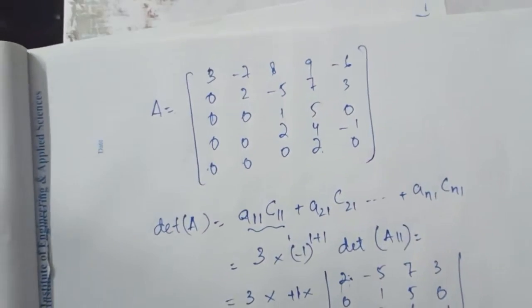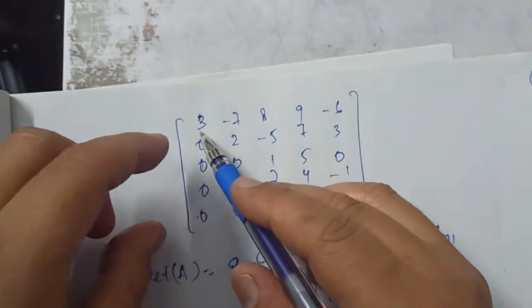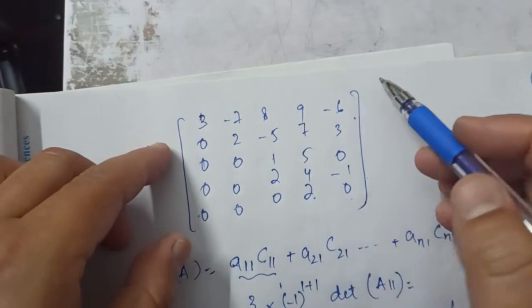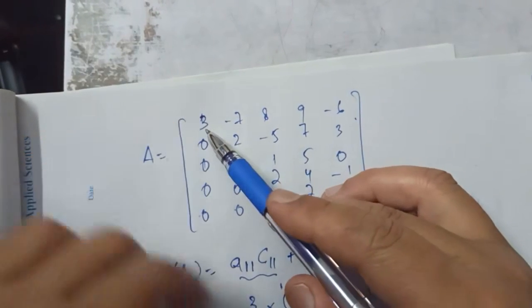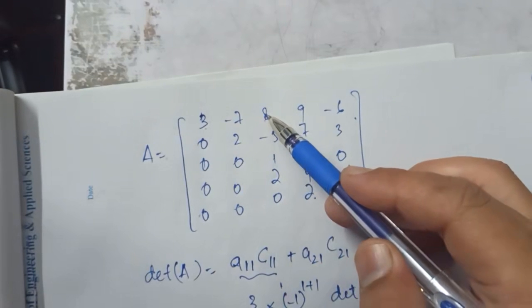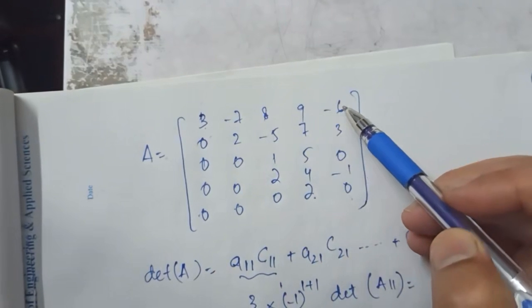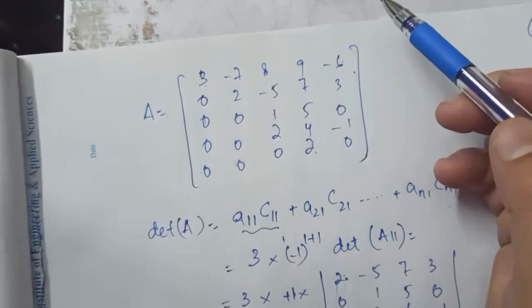Now suppose you wanted to find the determinant using the cofactor expansion across the first row. It means you have to calculate the cofactors for this place value, this place value, and so on, for all five place values.